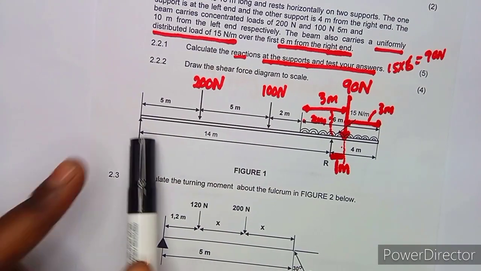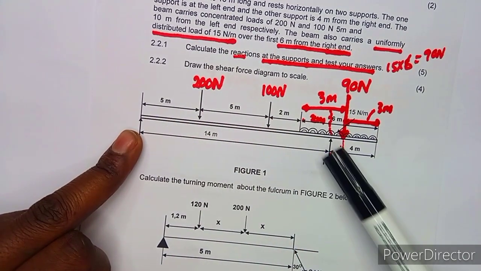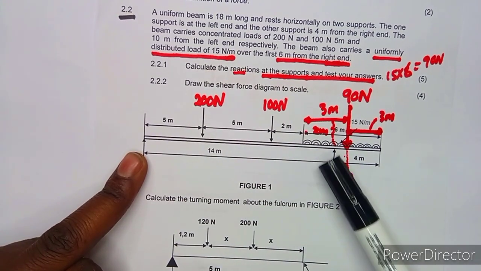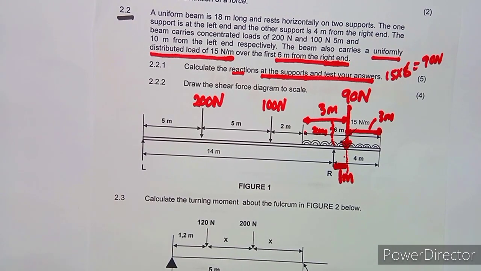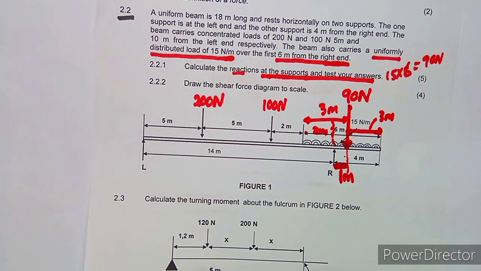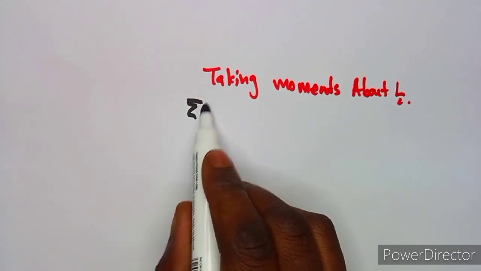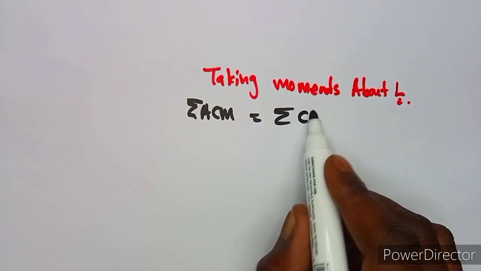If you cross check, R is the one that is going to start. As you can see, R is going to move in this direction, which is anti-clockwise, guys. So we are going to work with the sum of anti-clockwise moments equal to the sum of the clockwise moments.